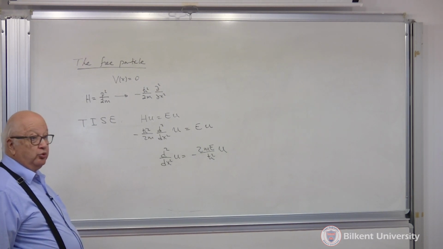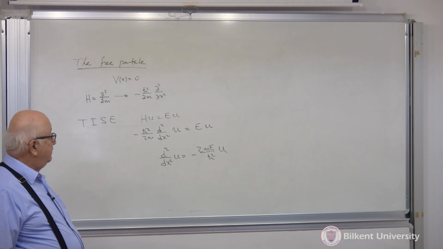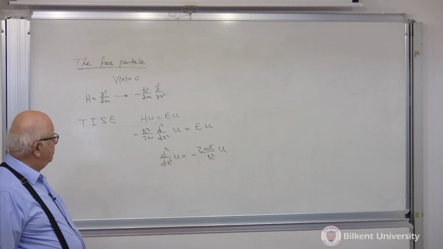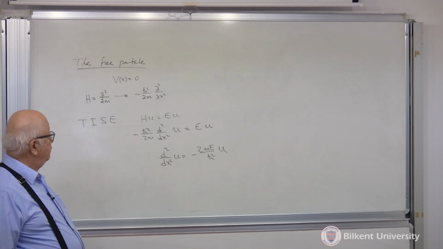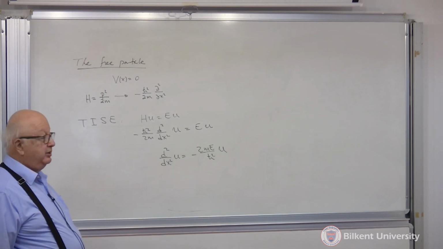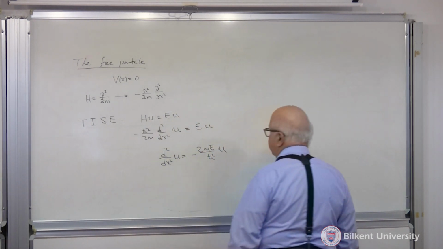So what do the solutions look like? Second derivative of a function is equal to minus a constant times u. What type of exponential? Okay, complex exponential, so they will be periodic functions.